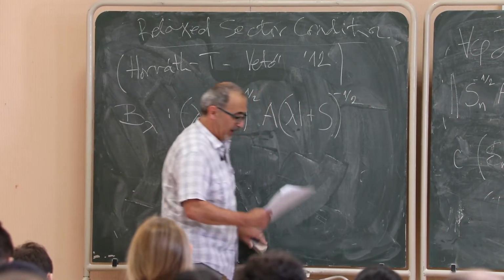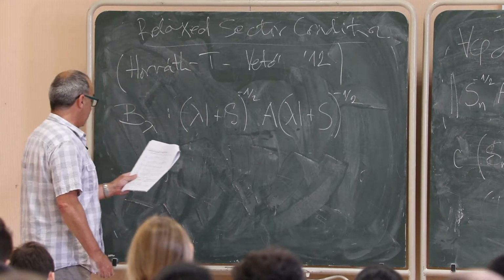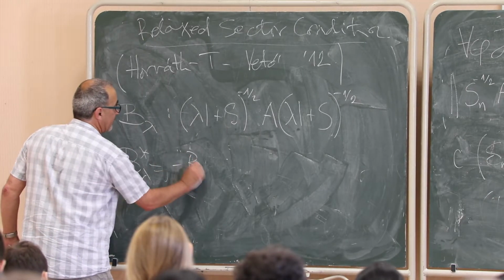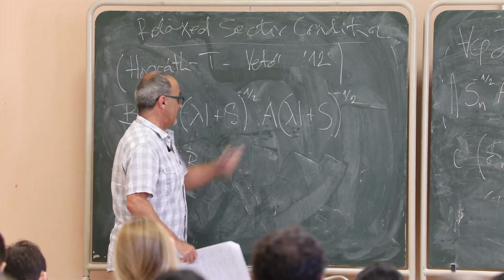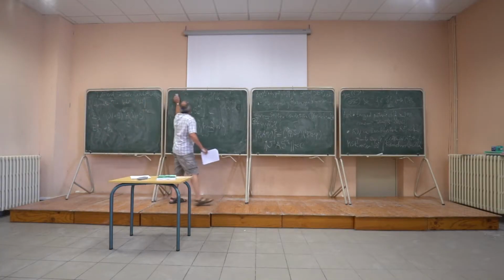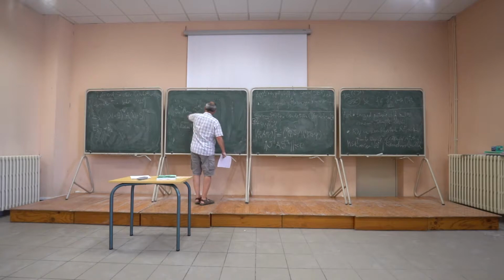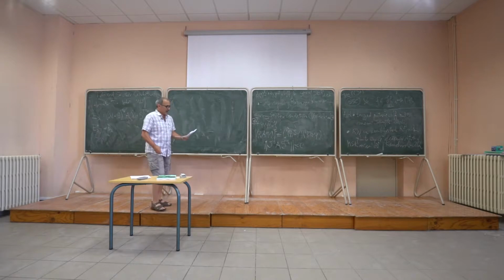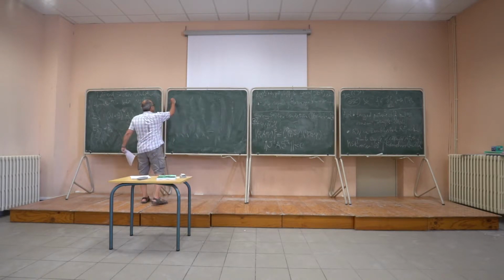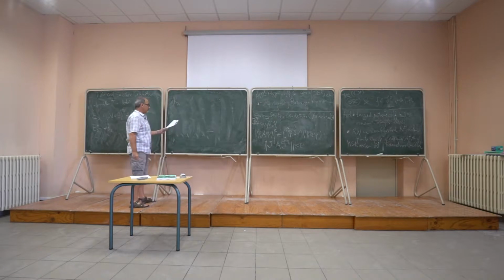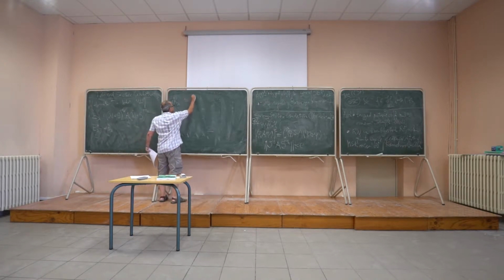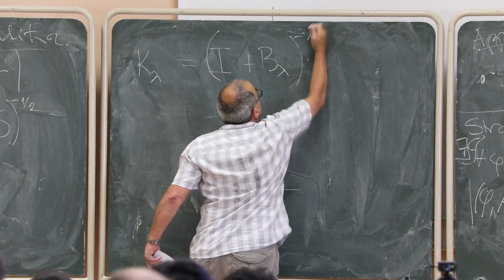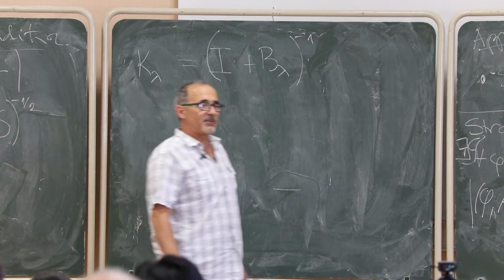Okay. So I define this operator B lambda, and mind that this is very important: B lambda star is minus B lambda, because these are self-adjoint and this is skew self-adjoint. Then I define K sub lambda as the following operator: K sub lambda is (identity plus B lambda) inverse.